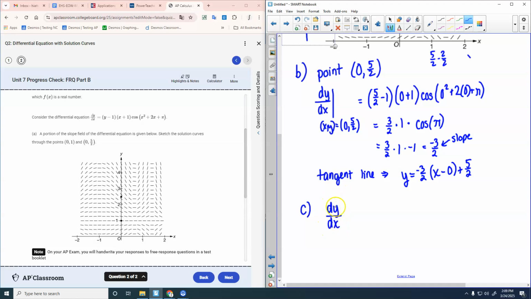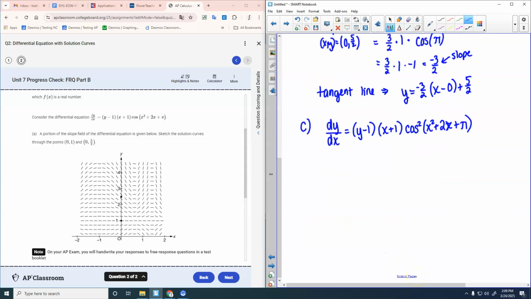It's really not as terrible as it looks, but it looks awful because it's got trig, it's long.